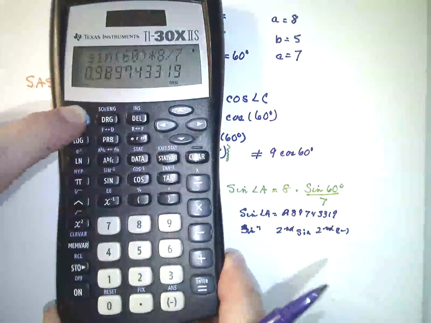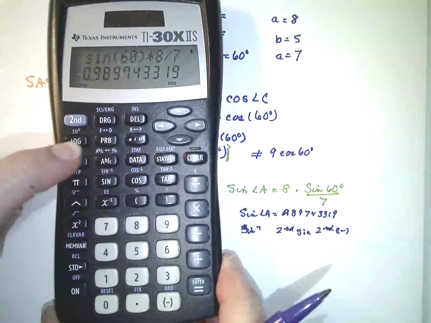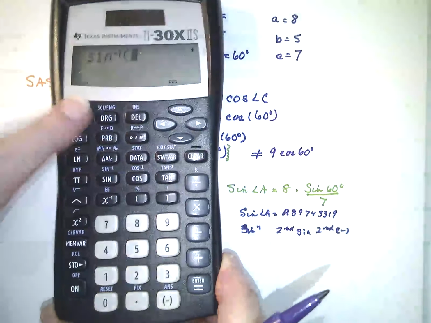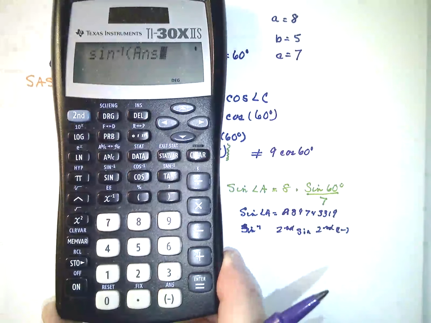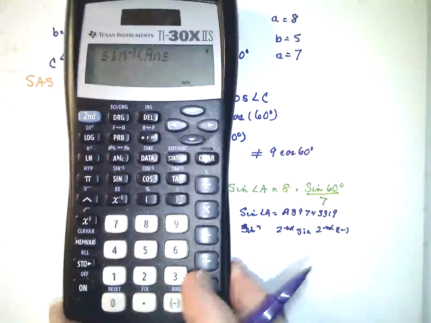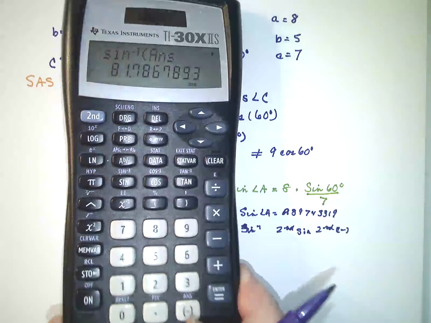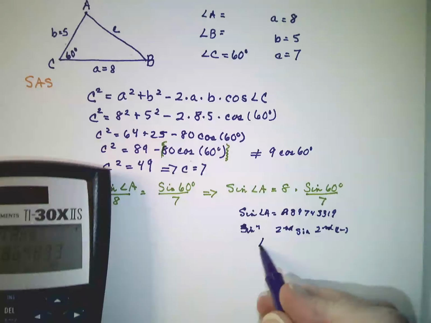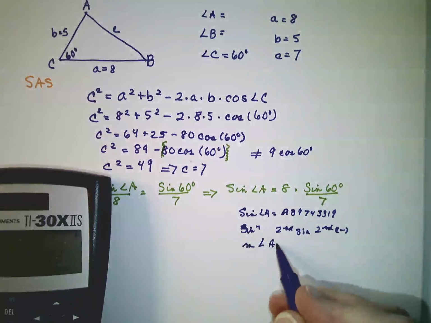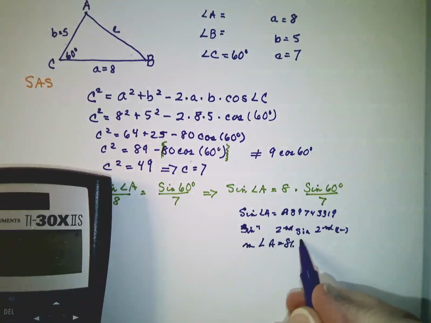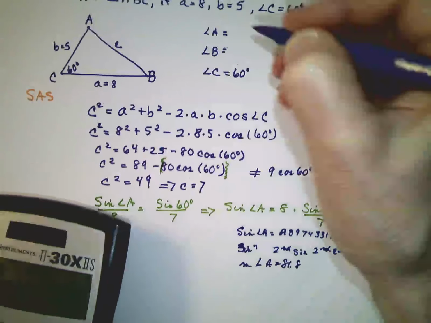So typing in second sine, second answer, and it says that's 81.8 degrees. So the measure of angle A is 81.8 degrees.